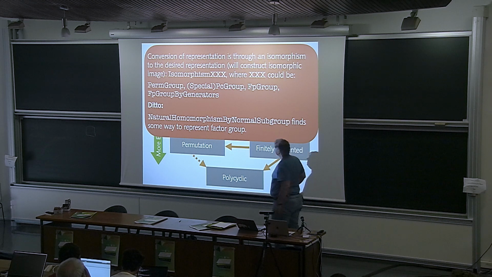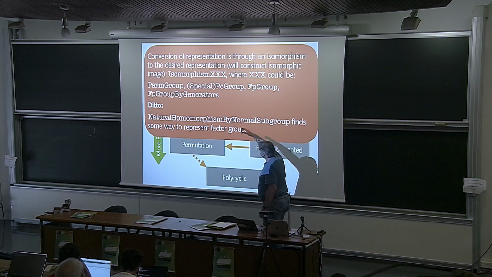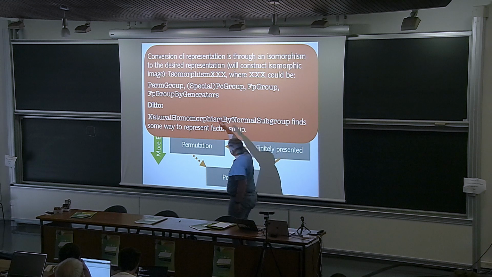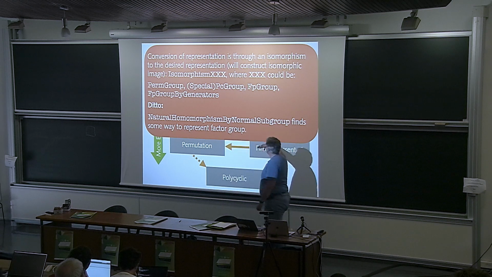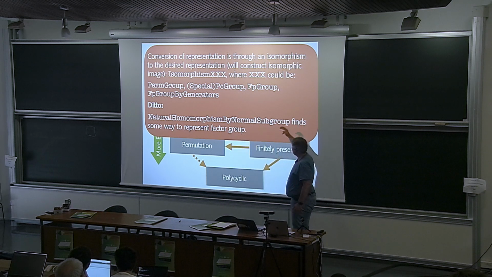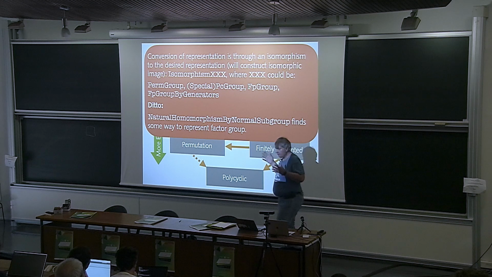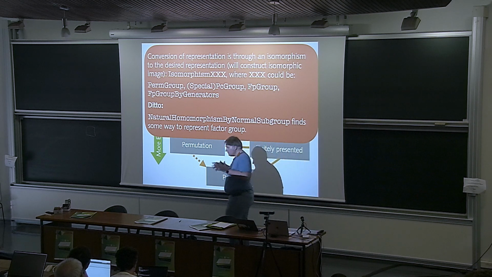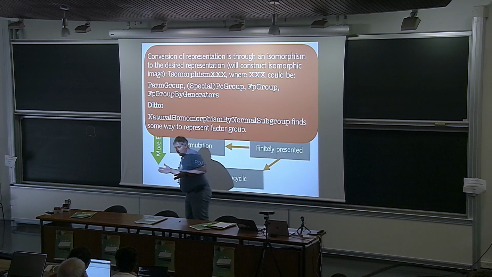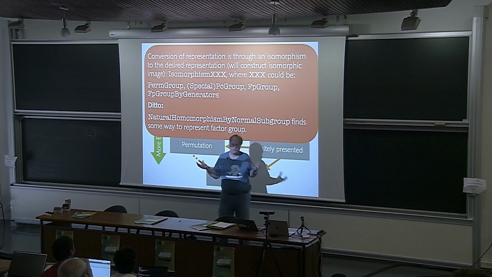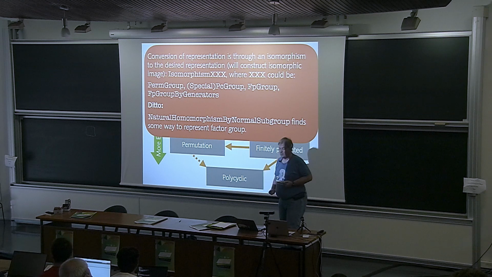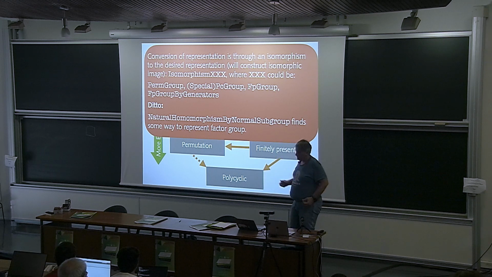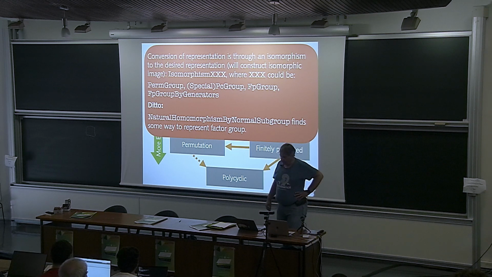There are in general also functions IsomorphismPermGroup, and then say IsomorphismPcGroup for a solvable group, IsomorphismFpGroup for finitely presented. They are the functions that do conversion between representations, and they return a homomorphism because typically you want some way to connect your original group with a new one with a different representation.